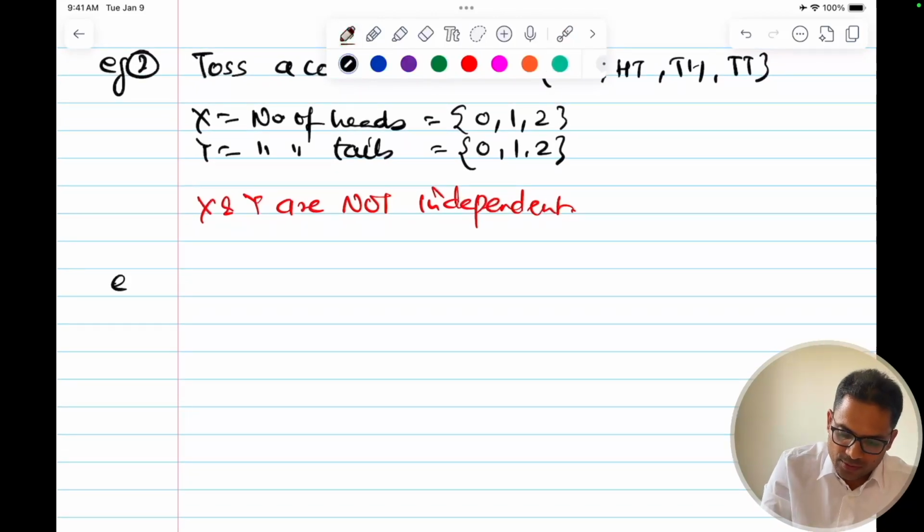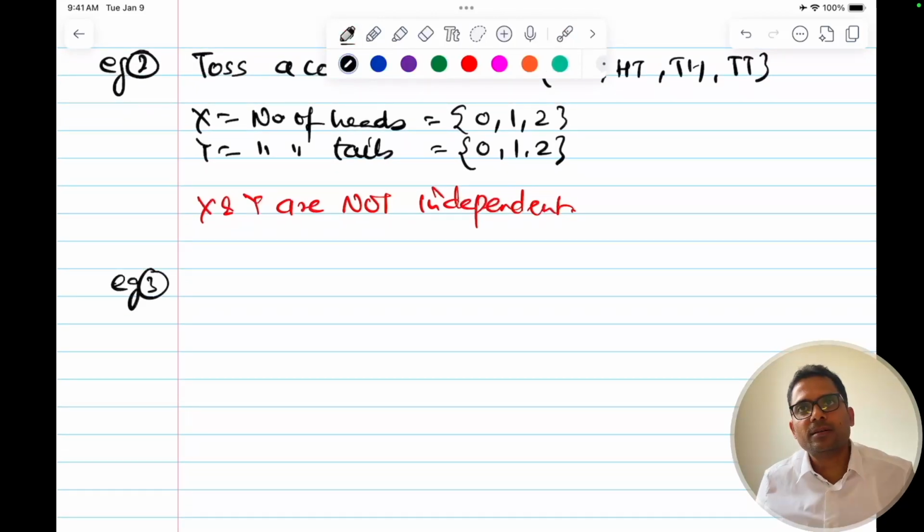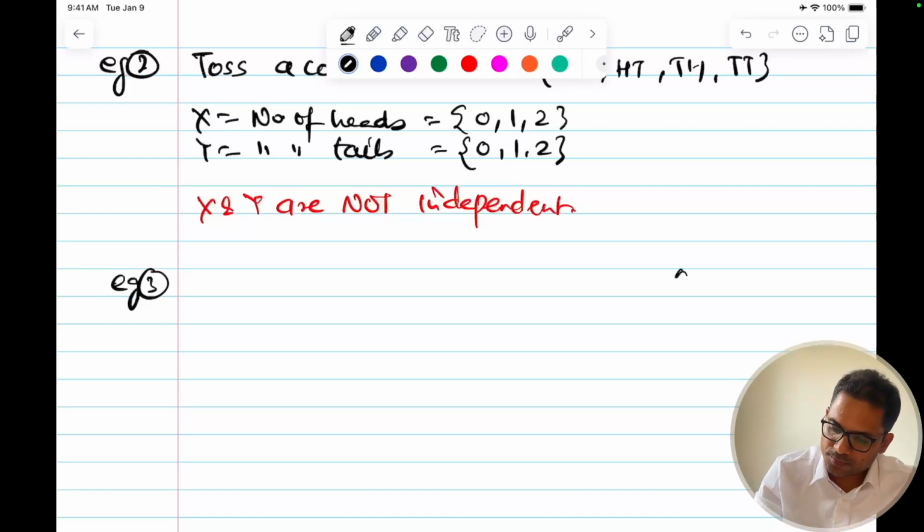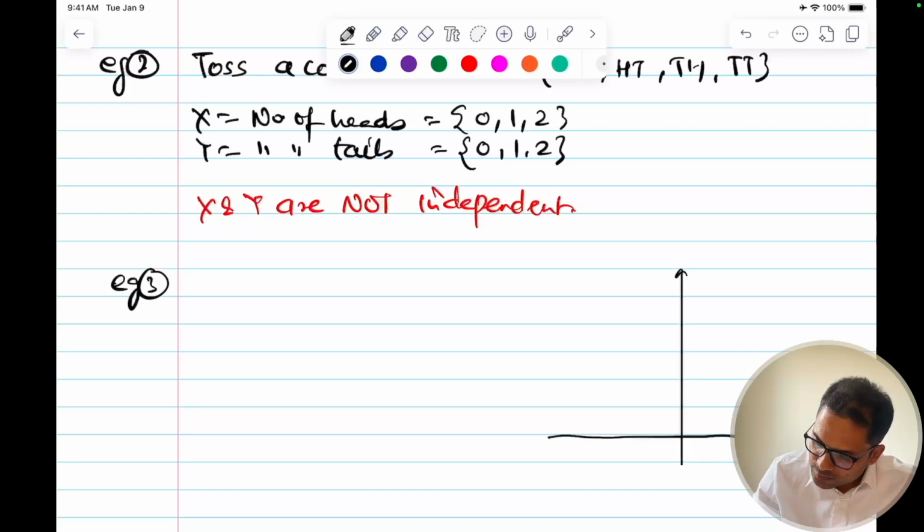So let's do a problem where we will apply a formula. Say for example 3. Let's consider a uniform random variable, coming from -1 to 1. So my range here is -1 to 1.